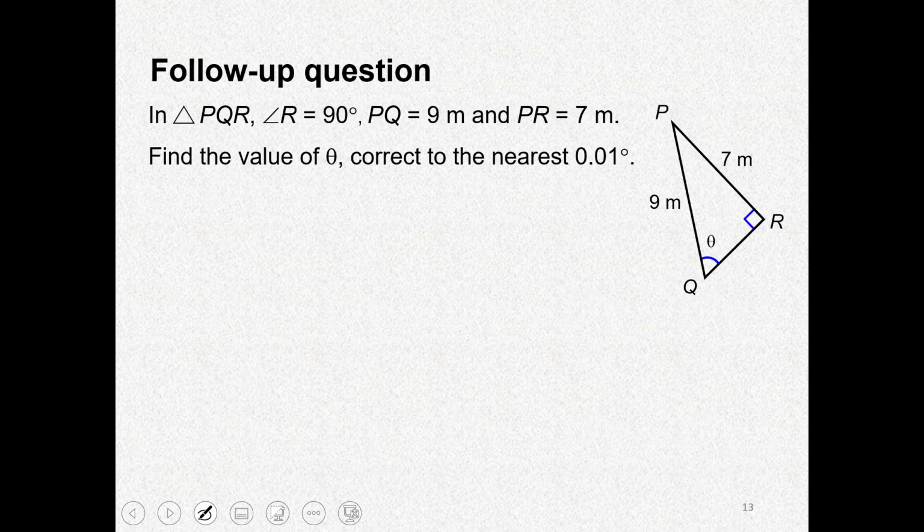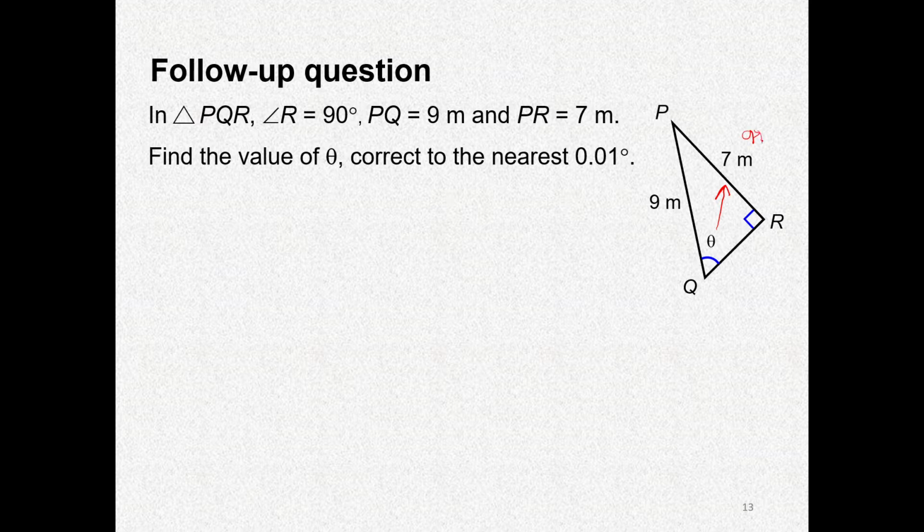So next, we have to find out the unknown angle in the figures. So we need to set up the equations first. Let's look at this question. I have the theta here, and I have the 7 meters and 9 meters given. And then we have to find out the unknown angle. As we can see, 7 is opposite to our theta.